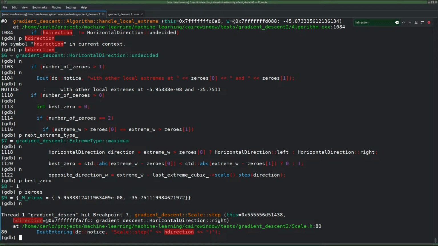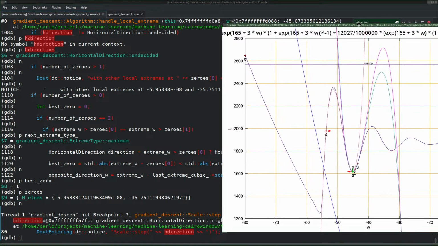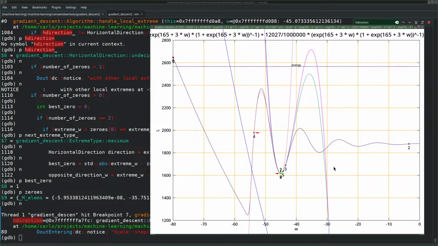Okay. I'll summarize what happened so far. The problem is that as long as there is no local extreme found at all, we did not decide yet on which way to go.